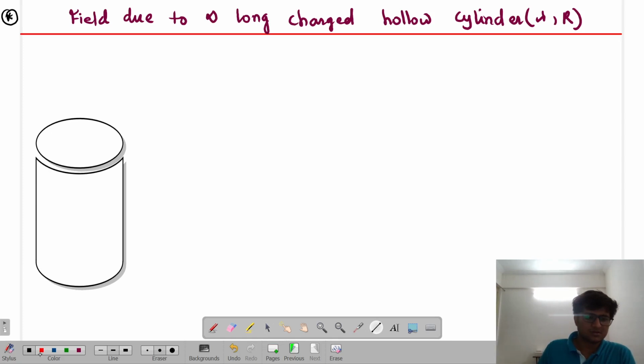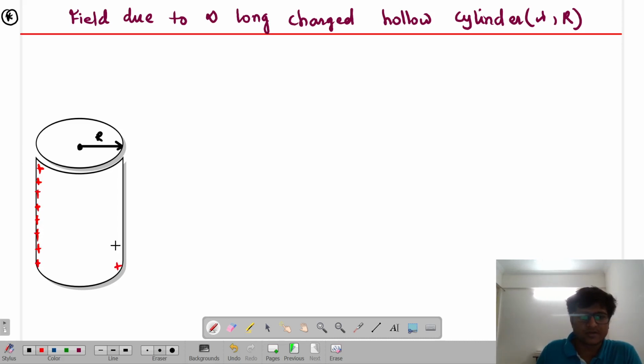Yes. Okay. So suppose it has a radius R and a linear charge density lambda. Let's suppose the charges on it are positive.